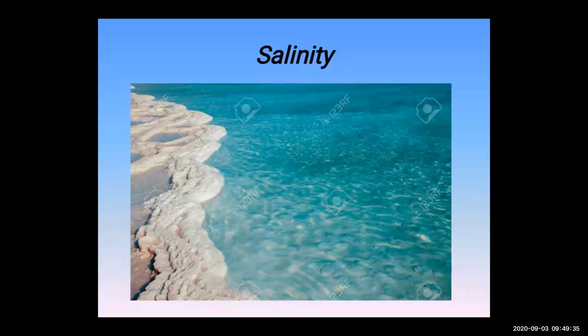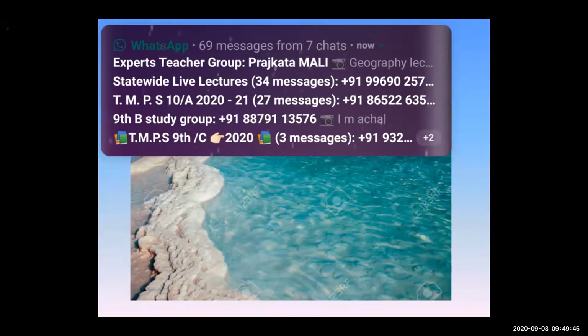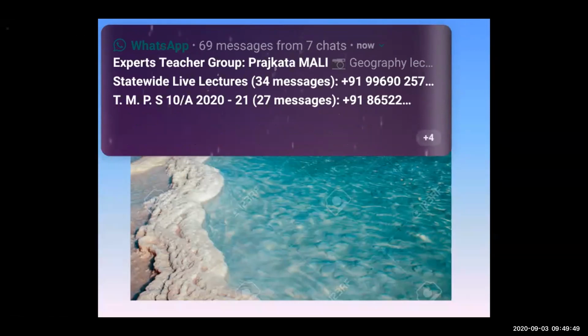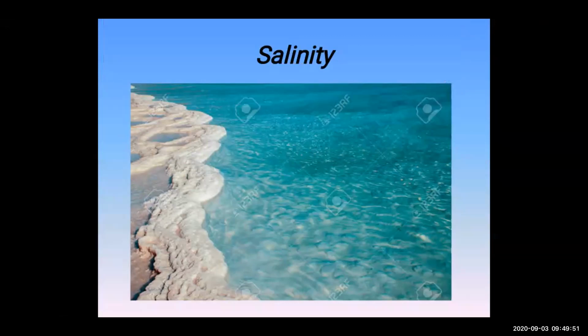Salinity is an important factor in seawater. Now here we have discussed in simple words what salinity is. In the first session also we learned about the geographical explanation of salinity. Now let's move forward.